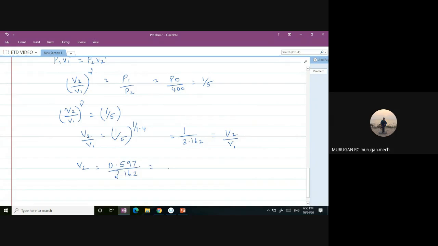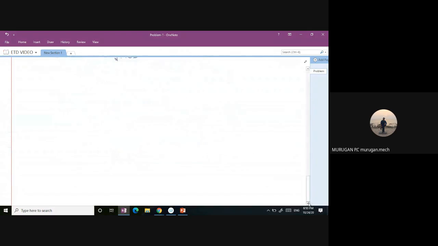So the final volume is 0.189 meter cube.